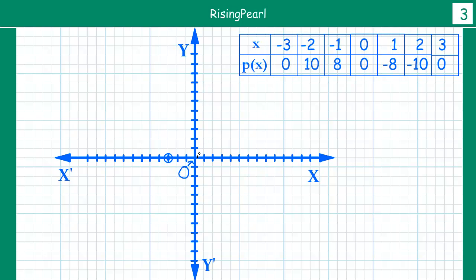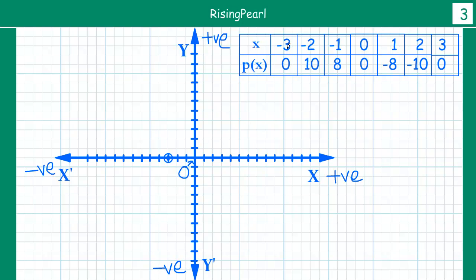We know that as you go on the left side on the x-axis, the values are negative. As you go on the right side of the origin on the x-axis, the values become positive. Similarly, as you go up on the y-axis from the origin, the values are positive, and as you go down, the values are negative.